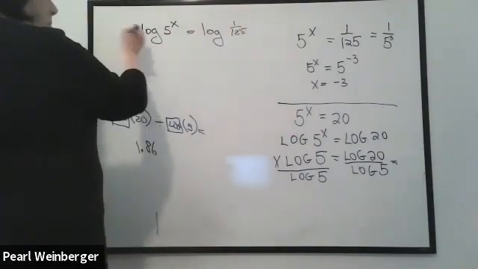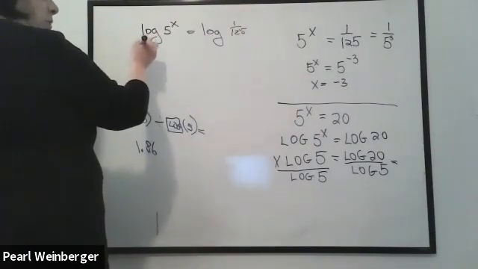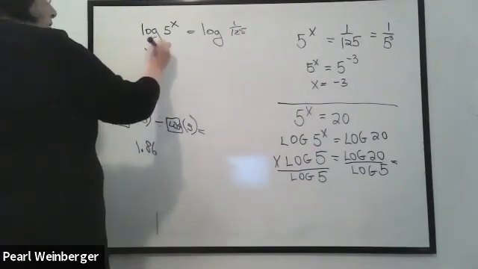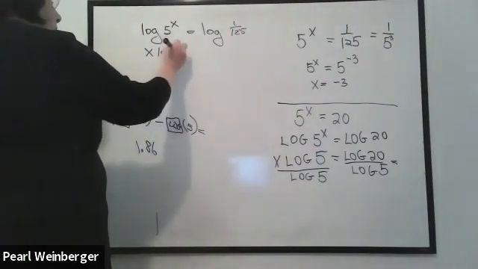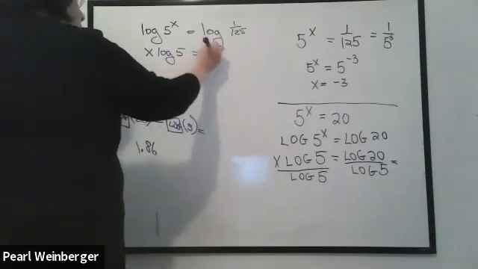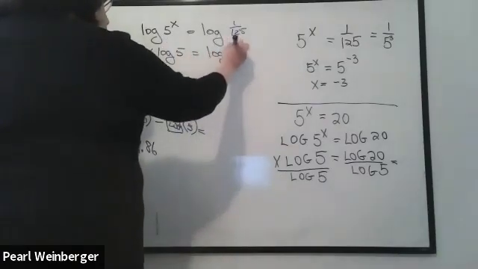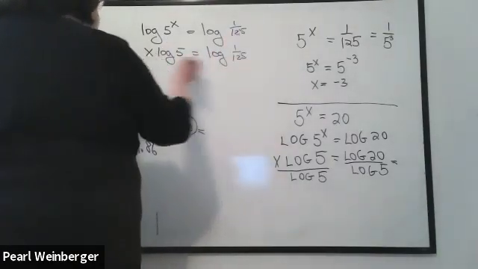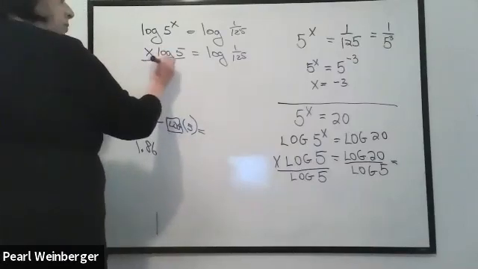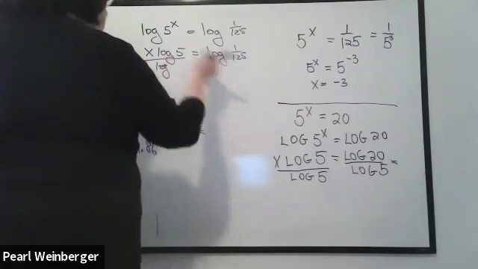And again, make this my exponent, x log 5 equals log 1 over 125. And divide both sides by log 5, the exact same way I did this.